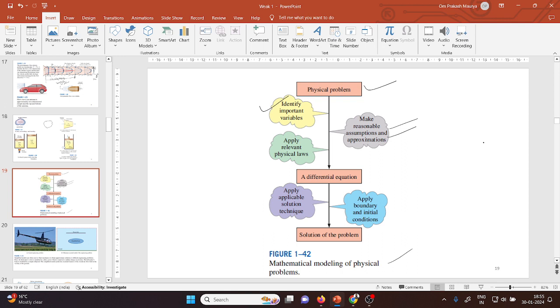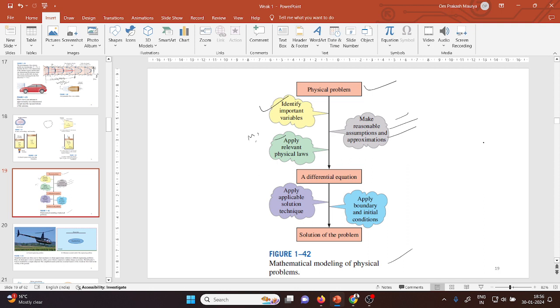Assumptions and approximations are needed because you cannot derive mathematical equations with all the physical conditions, so that's why it is important. Then apply the relevant physics law, maybe conservation of mass, conservation of momentum, or conservation of energy, whichever is relevant.